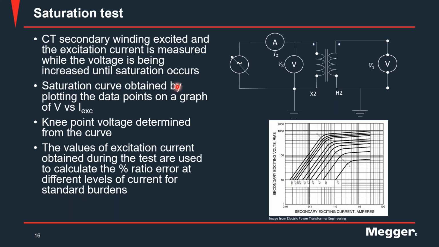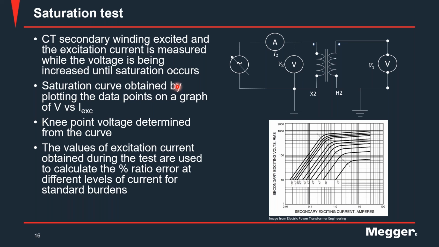So what exactly is going on here? As I said earlier, when a CT is operational, you get a little bit of a ratio error because a certain portion of the energy is utilized in excitation of the core. And we are basically measuring that excitation current here, the current that's being used up in ensuring the flux flows through the core.